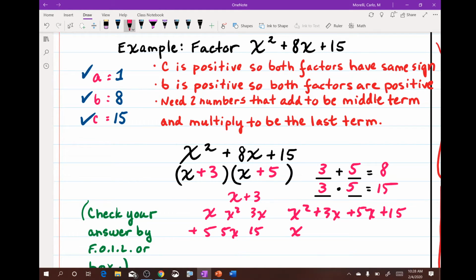And that's x squared plus 8x plus 15. Is that my original quadratic? Does this match this? That means you did it right. You can say double check on that. It's that easy, guys, that easy.